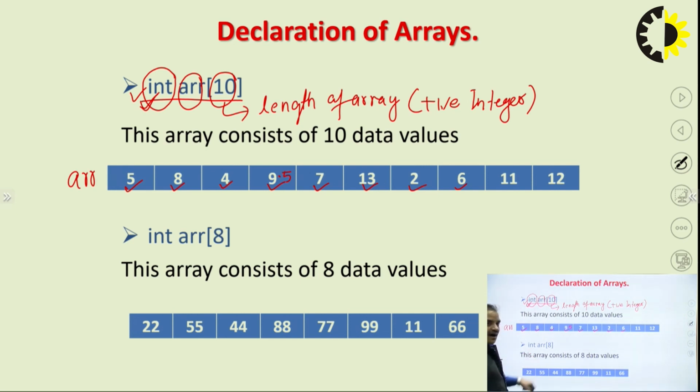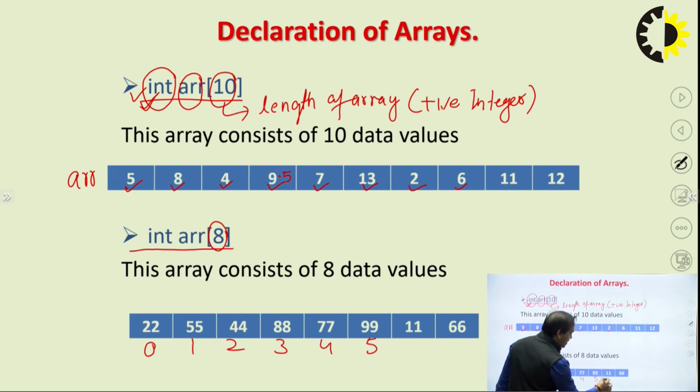Here int arr, this is another example of an array. Int arr[8] means the size of the array is 8. We start with 0 and go 1, 2, 3, 4, 5, 6 and 7. The total number of values stored in this array is 8. This is also the name of the array.